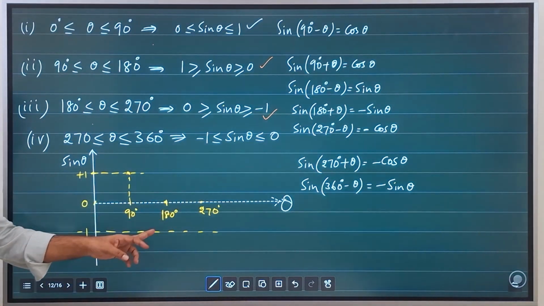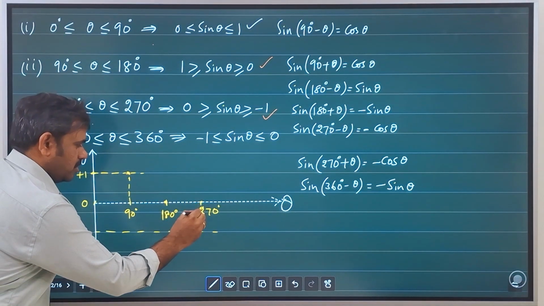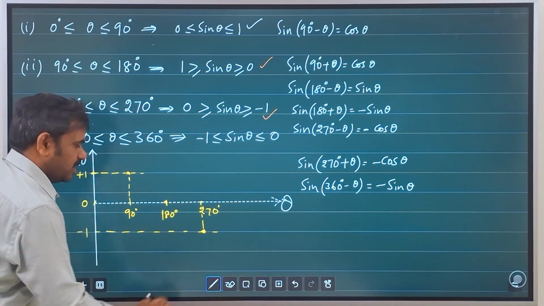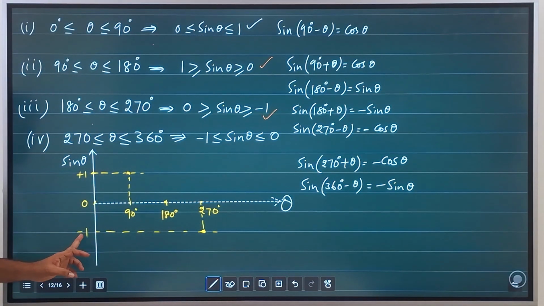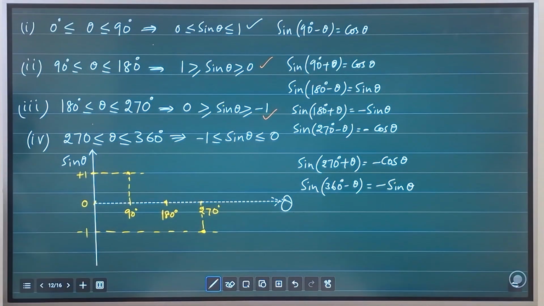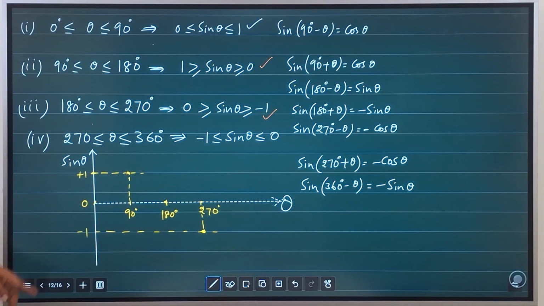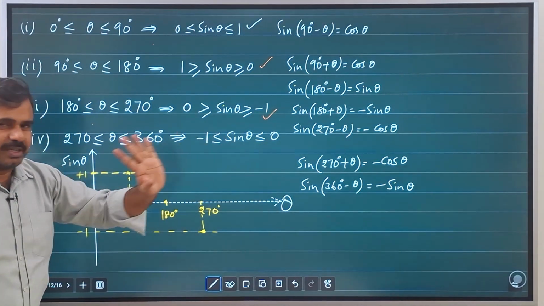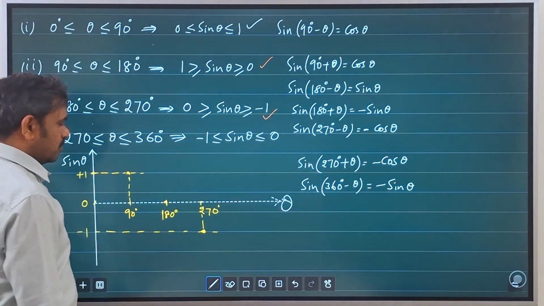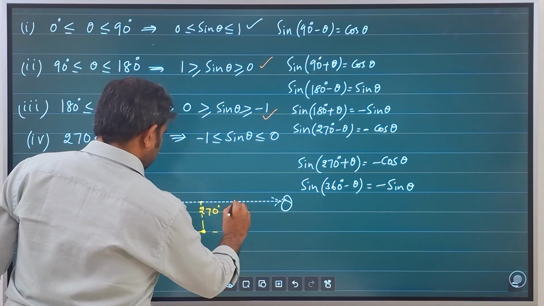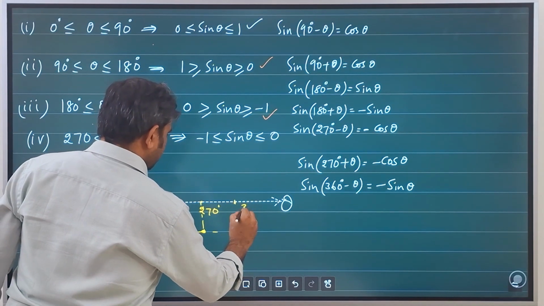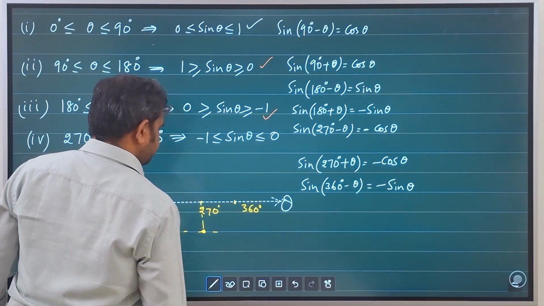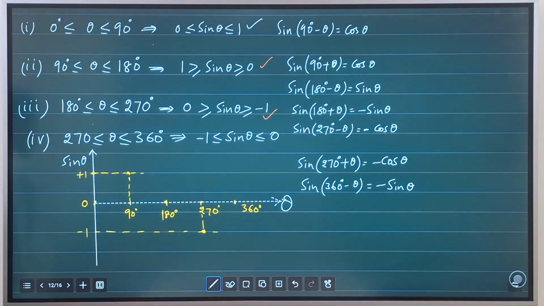So for 270 degrees, sine theta value is equal to minus 1. So this point lies here: x is equal to 270 degrees, y is equal to minus 1. Next, when theta becomes 360 degrees, y becomes 0, so the point lies somewhere here.